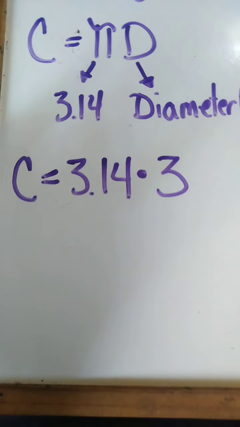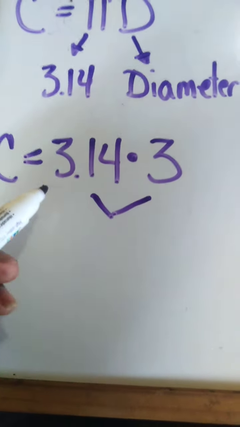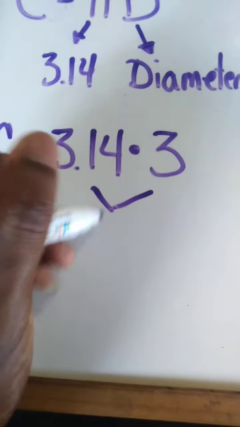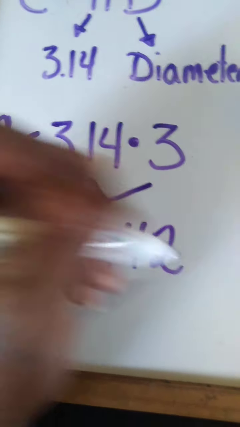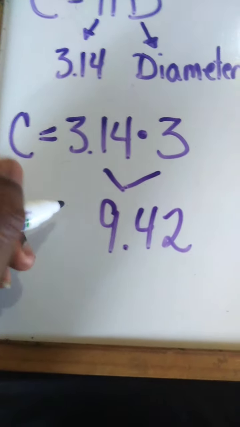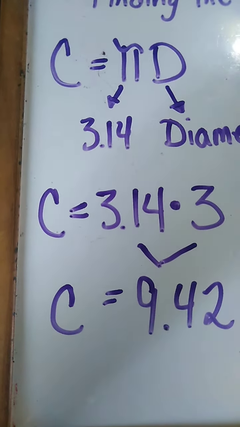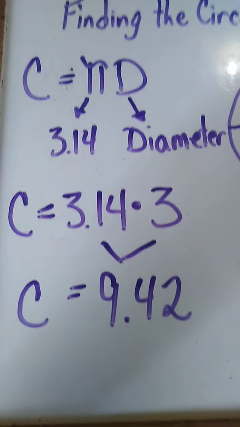There's only one operation here, so I'm just going to multiply 3 times 3.14, and I'm going to end up with 9.42. So the circumference of a circle with a diameter of 3 will equal 9.42.